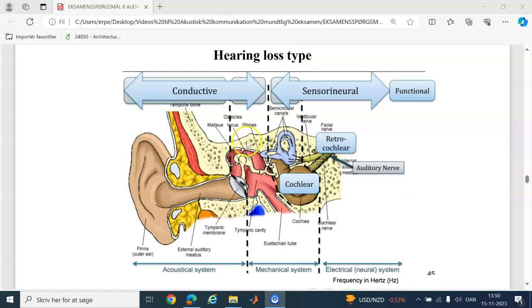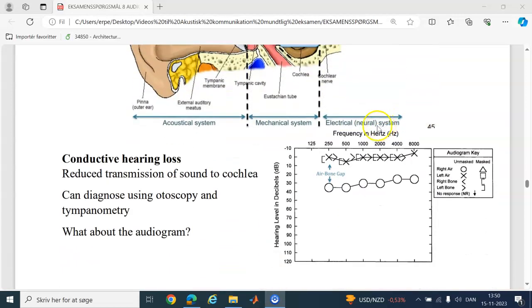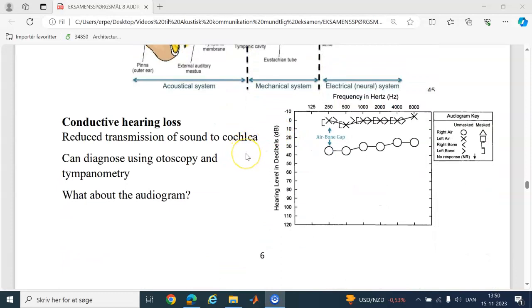That's why it's called sensorineural. Conductive hearing loss is reduced transmission of sound to the cochlea, and can be diagnosed using otoscopy and tympanometry.